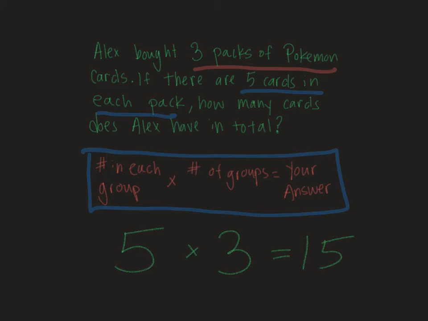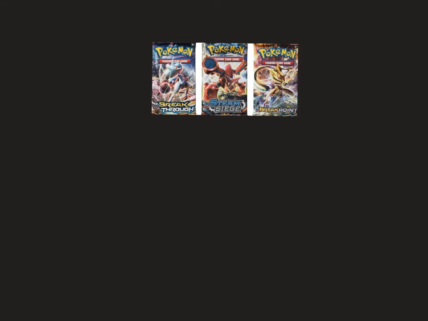If we don't know what 5 times 3 is, we could also use an array. So here we have our 3 packs of Pokemon cards. If each pack has 5 cards in it, then we go ahead and draw our array. This is how our array would look. And with that, we just go ahead and draw 5 cards representing one group, and there'll be 3 groups of 5 cards in each.